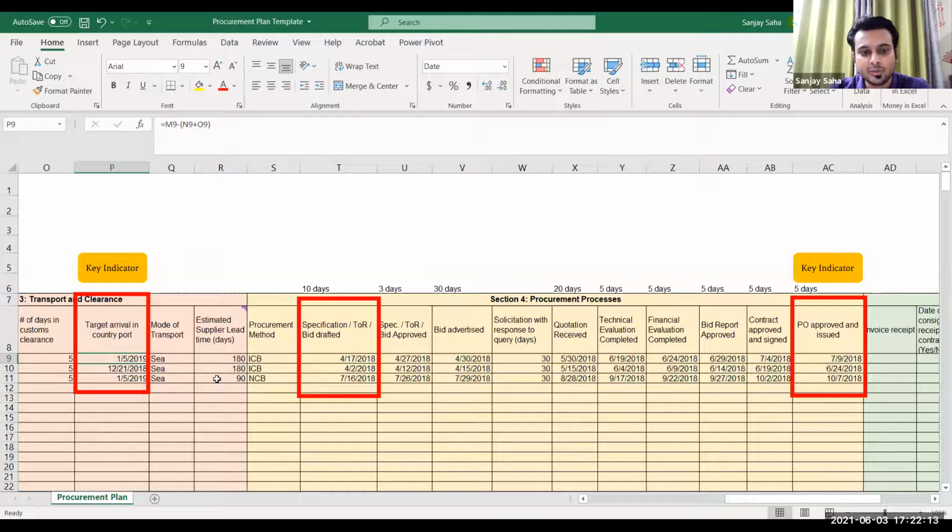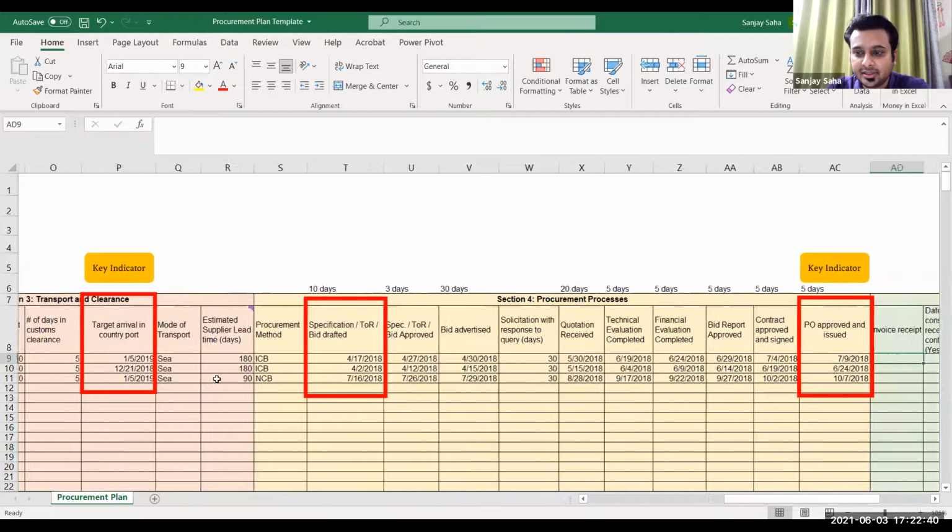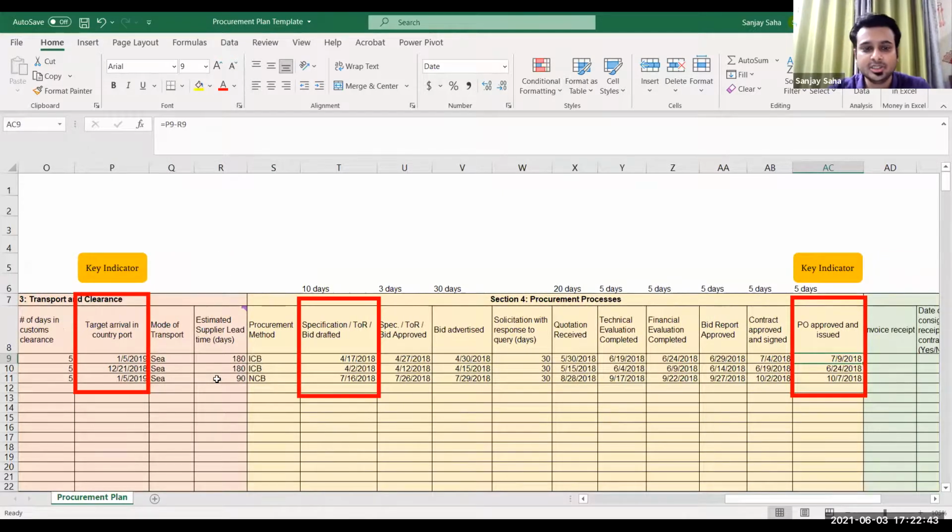If you look at the formula here, it says M9, where M is the target receipt at central warehouse, using the calculation of M9, N and O. What I'm trying to say is that 180 days from the day the contract PO is approved and issued is this target arrival in country.